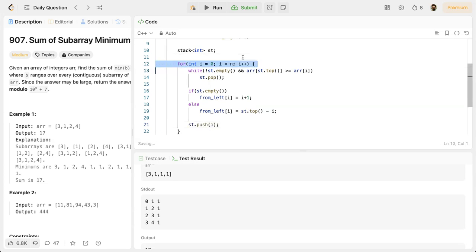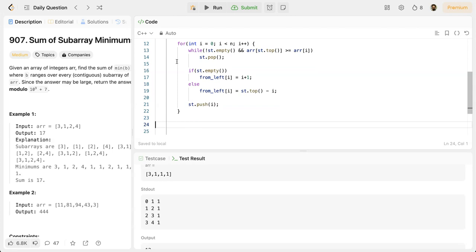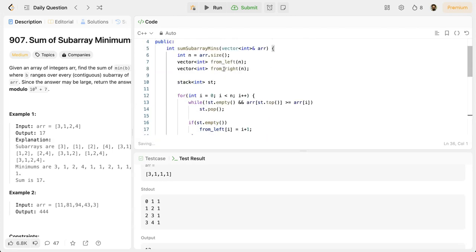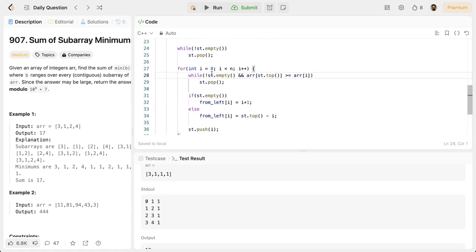This is from left, and we need to do the same for from right. I'm just going to copy and paste. So before we continue, we just need to make sure that st is empty. So while not st.empty, st.pop, we just empty the stack, and then here we go from right to left, from n minus 1 while i is greater than or equal to 0, i minus minus.